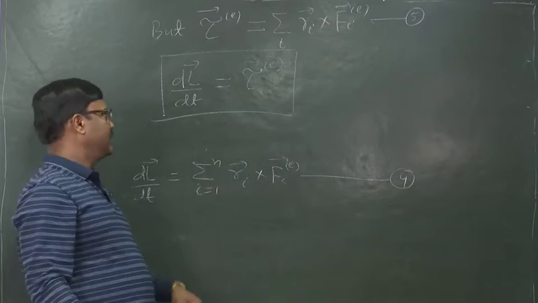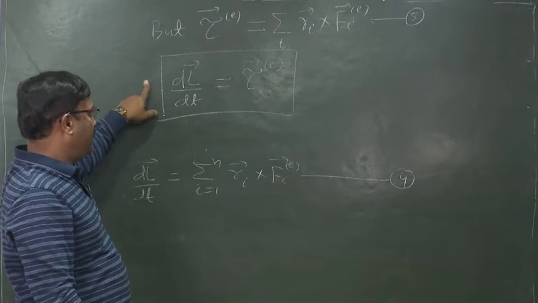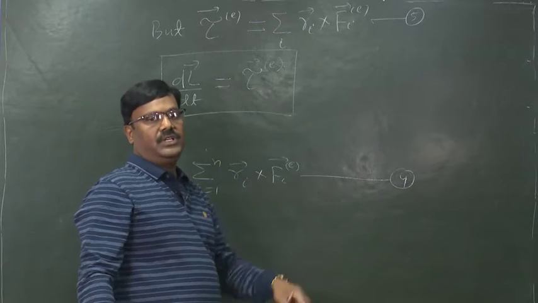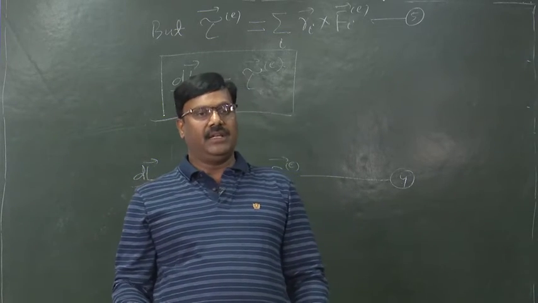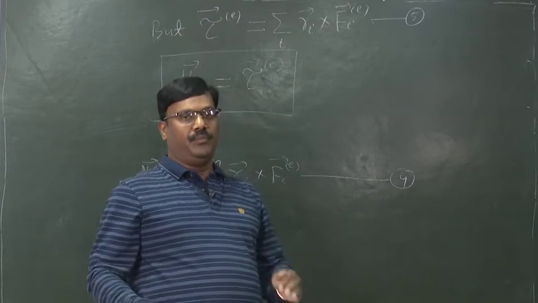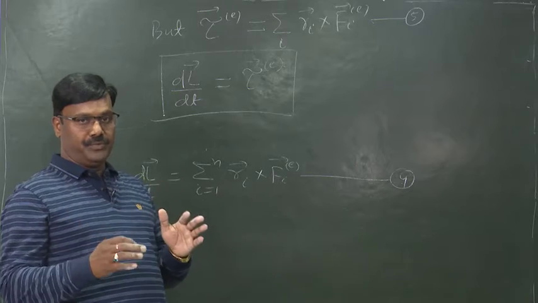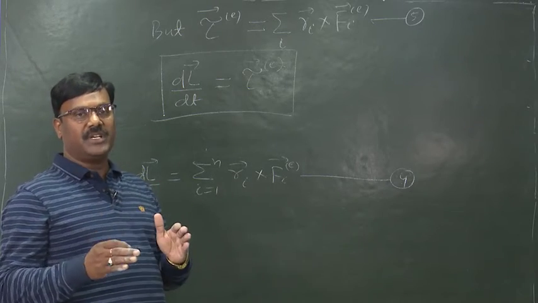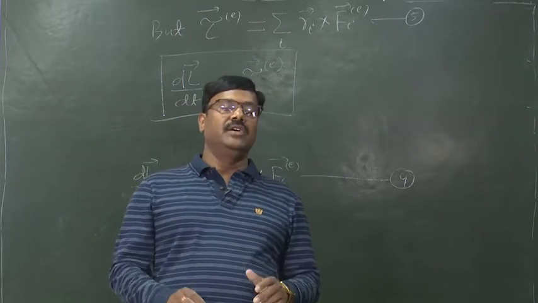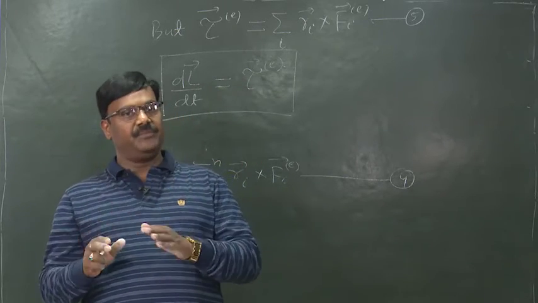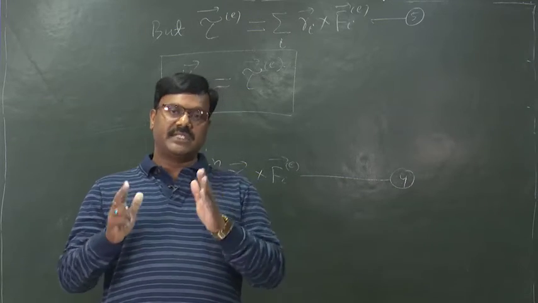That means the time rate of change of angular momentum is equal to the external torque acting on the particle or the system. But our actual aim is to prove the law of conservation of angular momentum, which is stated as: for an isolated system, total angular momentum always remains the same.